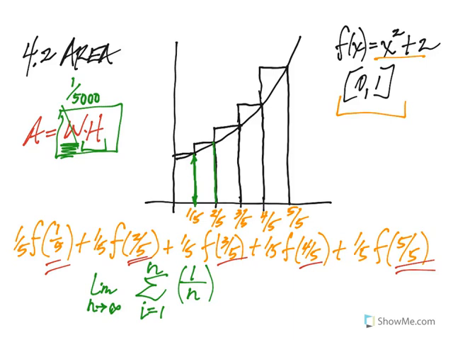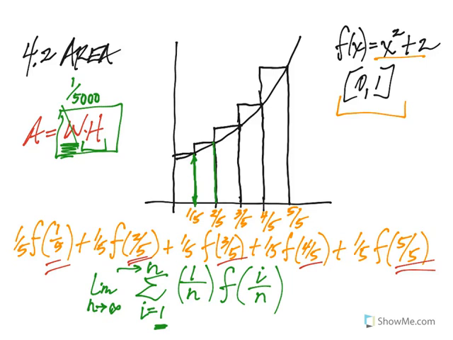All right, now if I have n subdivisions, I'm going to start with 1 over n, and then go to 2 over n, and then 3 over n, and I'm going to plug those into my f of x. So the way I'm going to write this is f of i over n. And if you recall from summation notation, remember i starts down here with this lower index, and then it goes all the way up to that upper number.